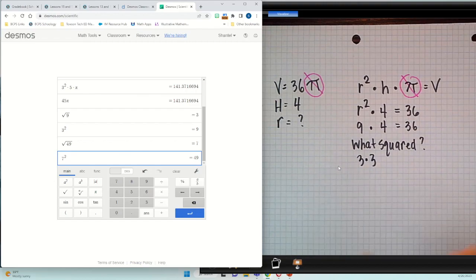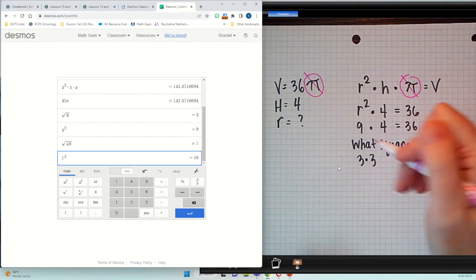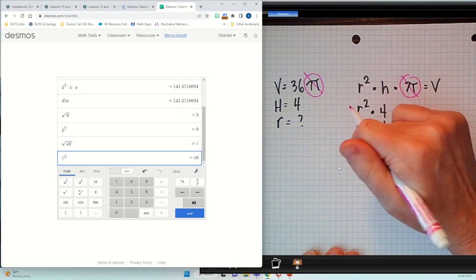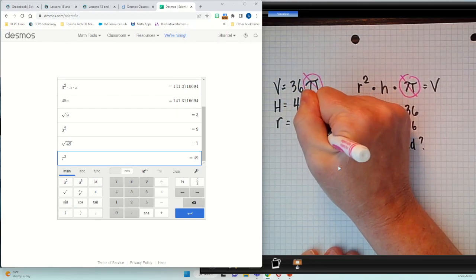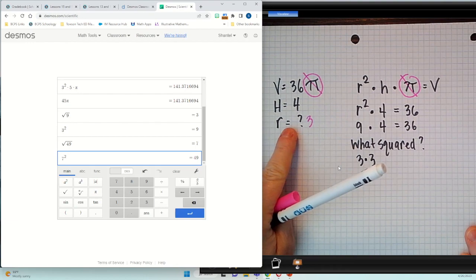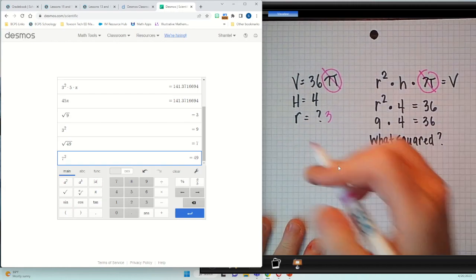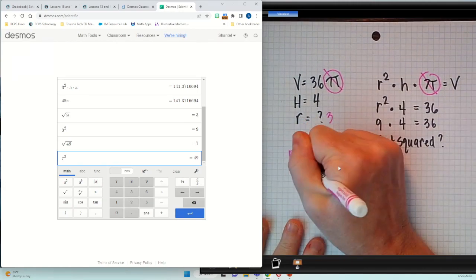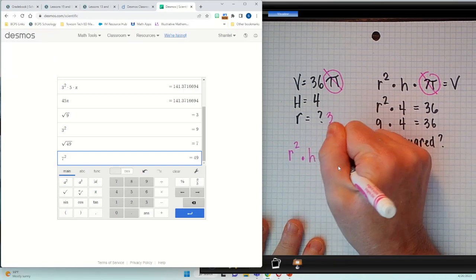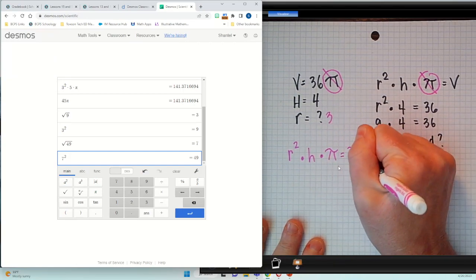All right, so now I know that my radius is 3. I just figured it out because 3 times 3 is 9. So my radius is 3. So watch what I'm going to do. I'm going to go back into the original calculation and make sure that I have my math correct. Radius squared times height times pi is equal to 36 pi.